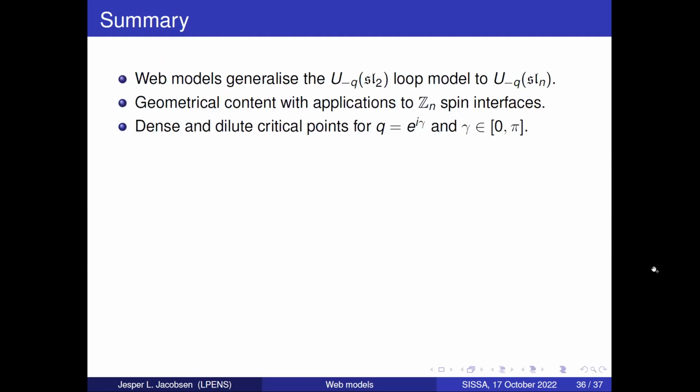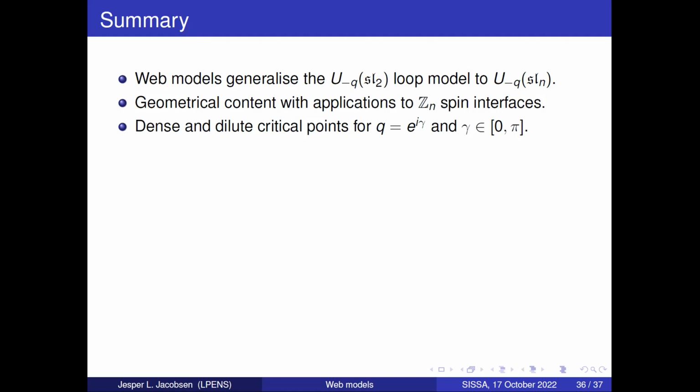So I am close to being done, and the time is not bad. So these web models have the nice property that they generalize the loop models to some higher symmetry. So instead of a quantum group SL2 symmetry, I get a quantum group SLN symmetry. And I focused most of the talk on the case SL3.